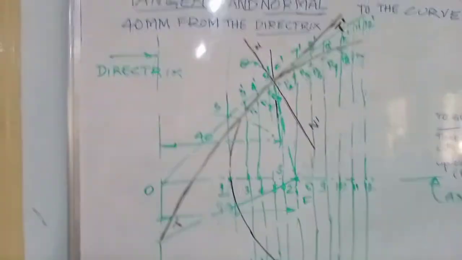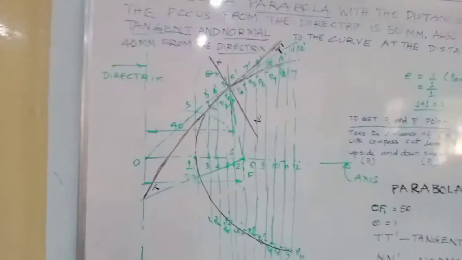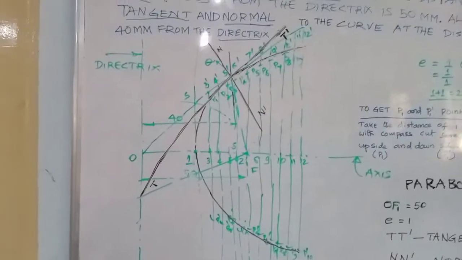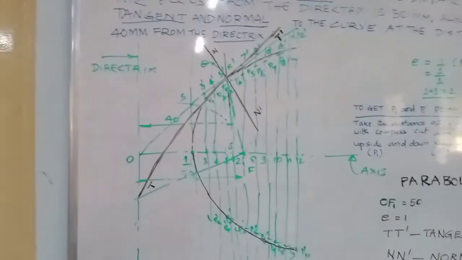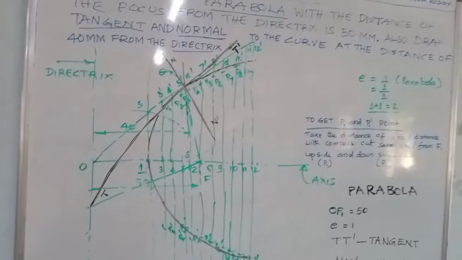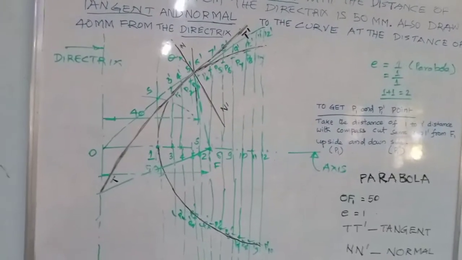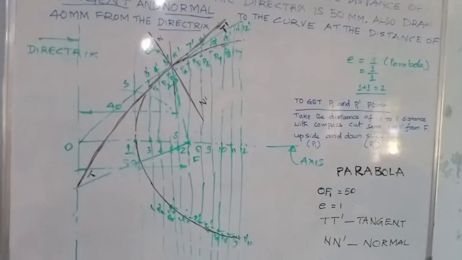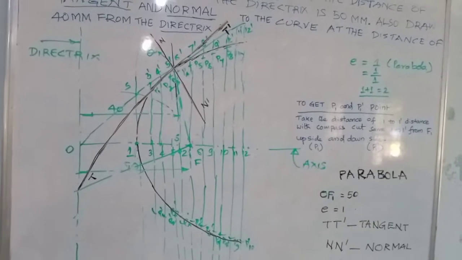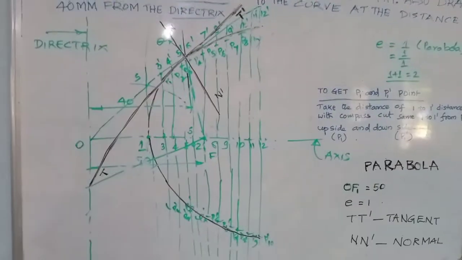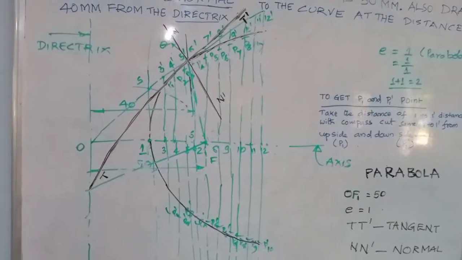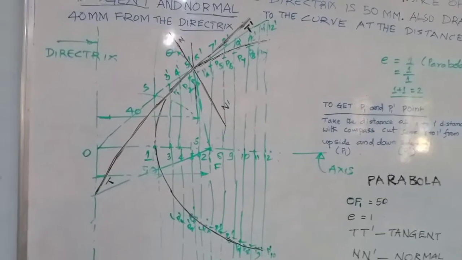So, see here, we have to draw the directrix, a vertical line, as I am showing with the green ink, the axis representation. Then perpendicular to that from O, draw the axis. It is also an axis representation. Draw some length.